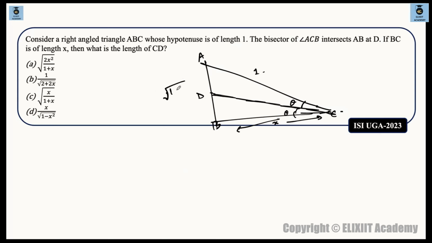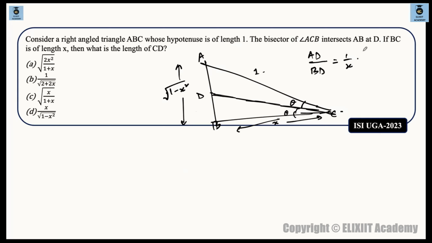This length is root over of 1 minus x square. So clearly using angle bisector theorem, AD is to BD will be 1:x.